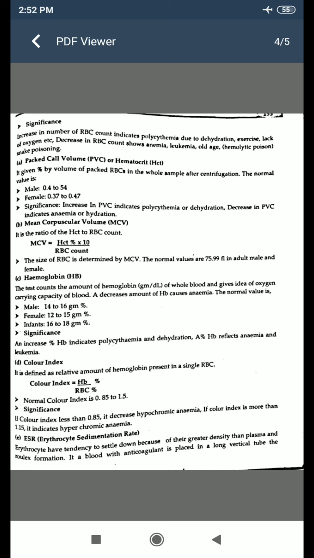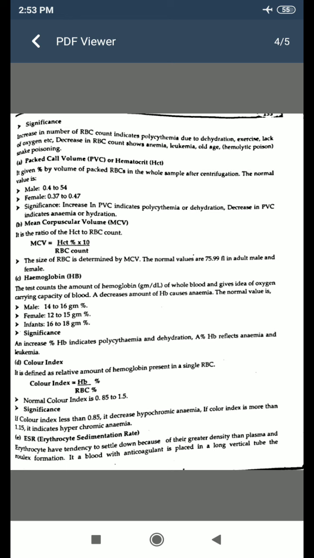Color index is equal to hemoglobin percent divided by RBC percent. The normal color index is 0.85 to 1.15. Significance: if the color index is less than 0.85, it indicates hypochromic anemia. If the color index is more than 1.15, it indicates hyperchromic anemia.